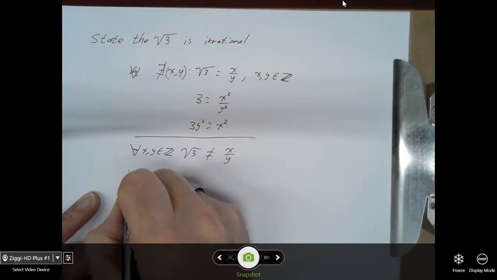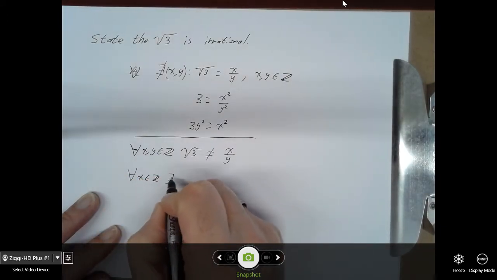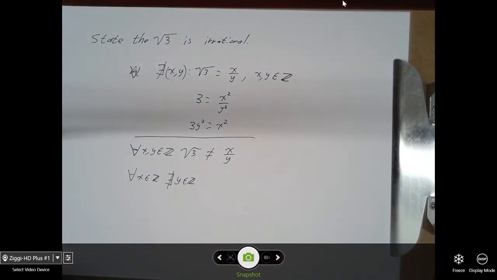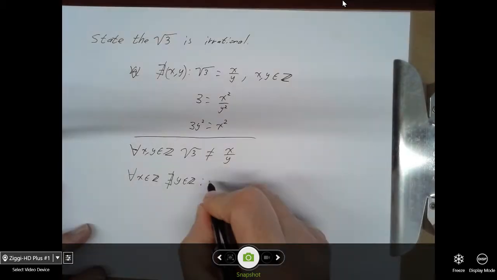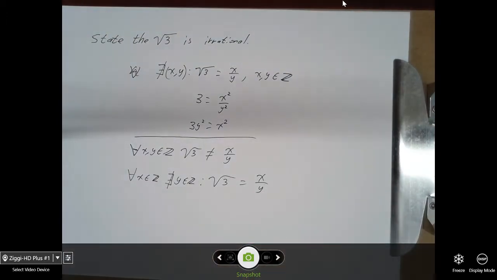We could also write for all x contained in Z, there does not exist a y contained in Z such that square root 3 equals x over y. So those are all saying the same thing. All right, other questions?